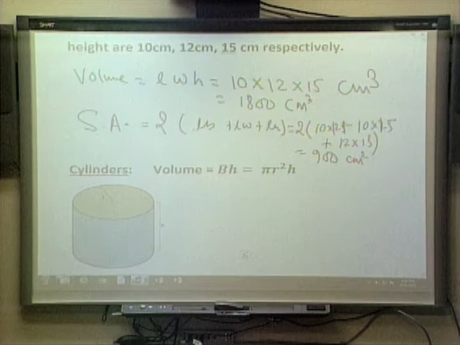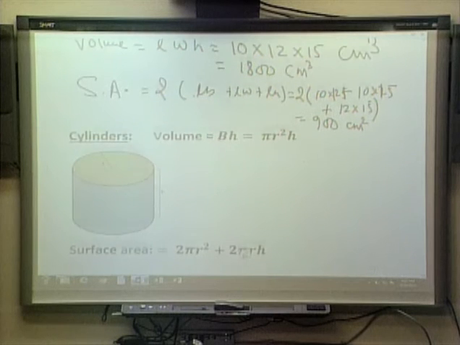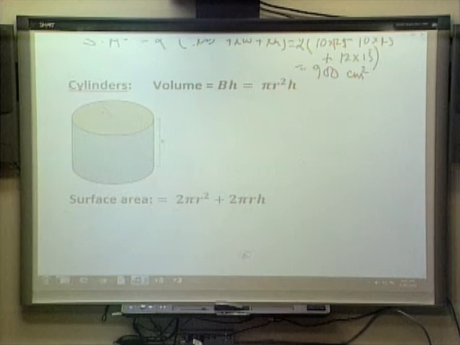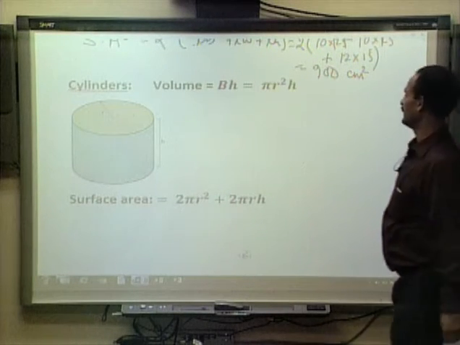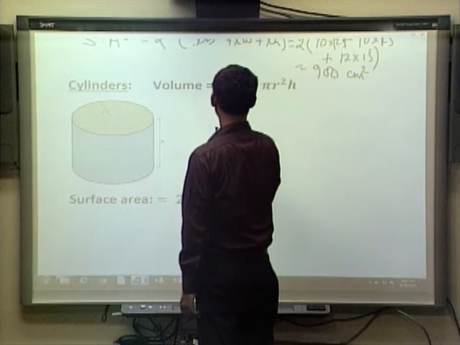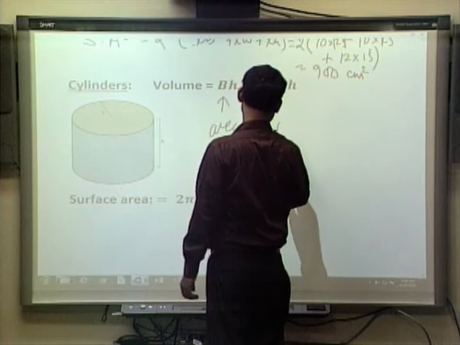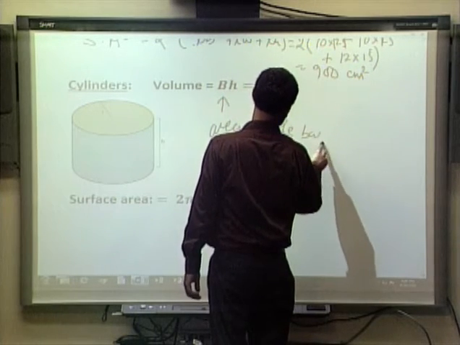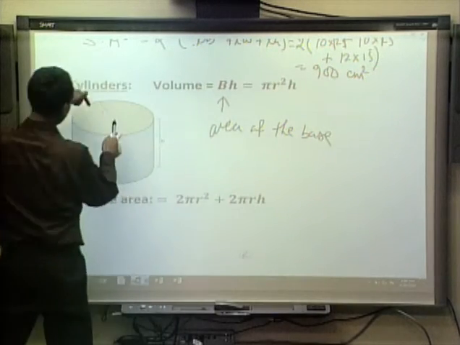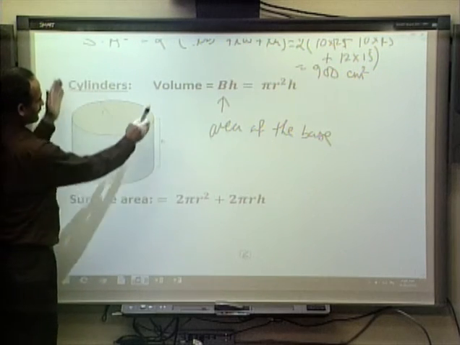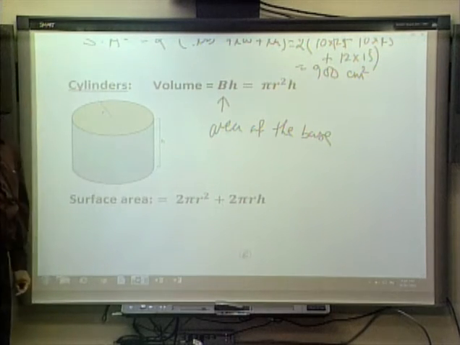Next we want to talk about cylinders. For cylinders, volume is given by B times H, where B is the area of the base. For a cylinder this is a base and this is a base, and that is the height.